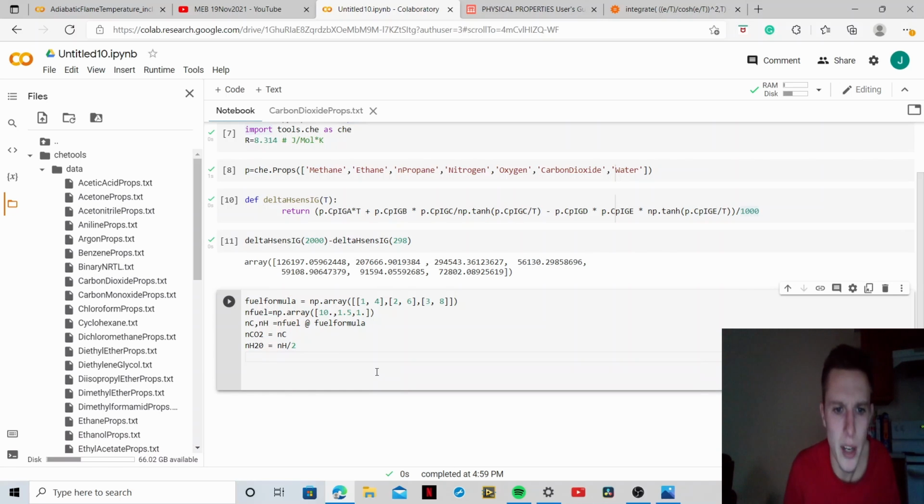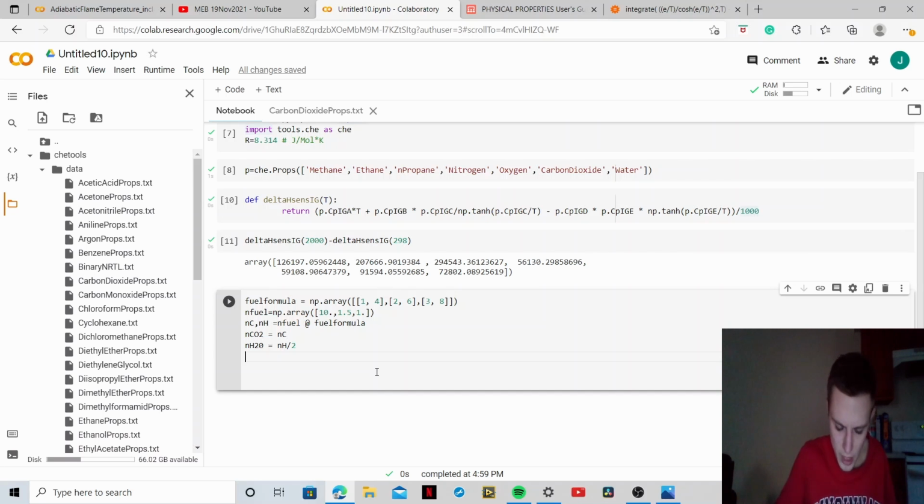Let's say we want to find the number of moles of, let's see, carbons. No, we already found the number of carbons. Oxygen, for instance.